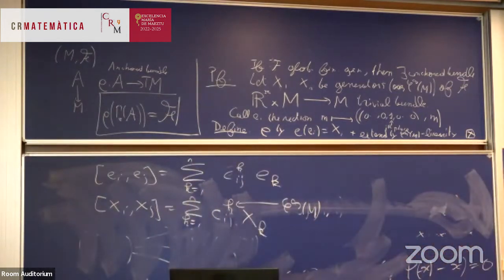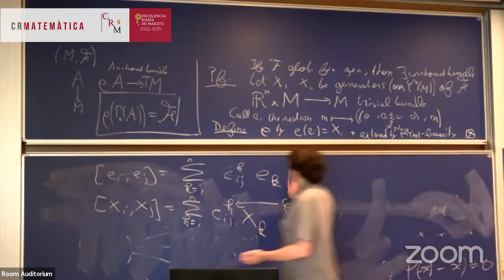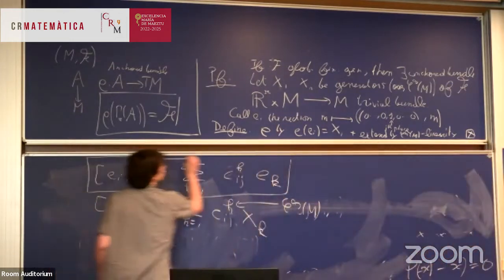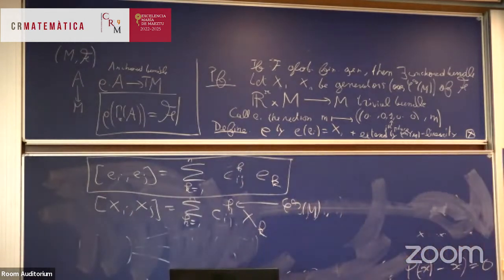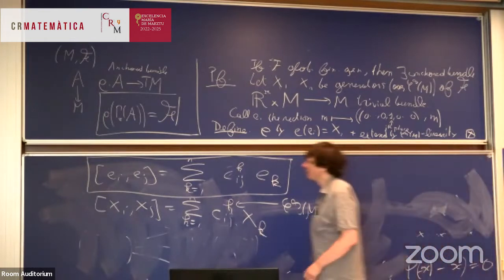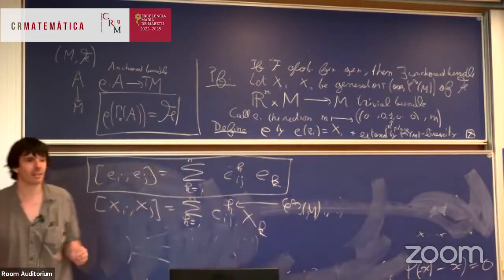So let us define an algebraic bracket like this: I take the same functions c_ijk, and I declare that the bracket of a trivial section e_i with e_j is that sum. Well, two problems.